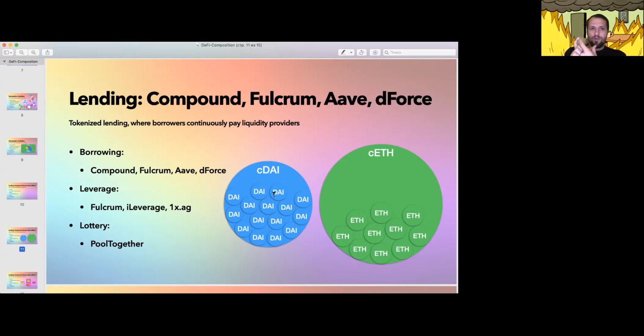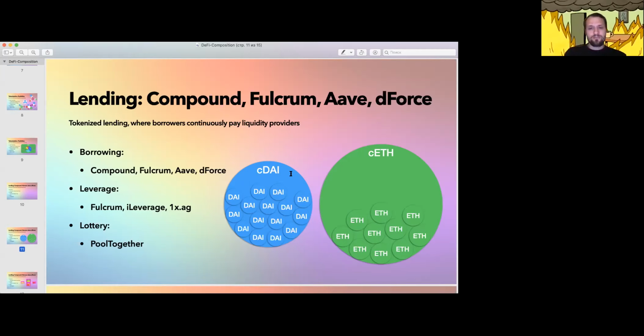The more borrowed, the higher will be the interest rate. The more people will try to put liquidity to earn this high APR. The less borrowed, the lower will be APR, and the more people will try to borrow because APR is really low.